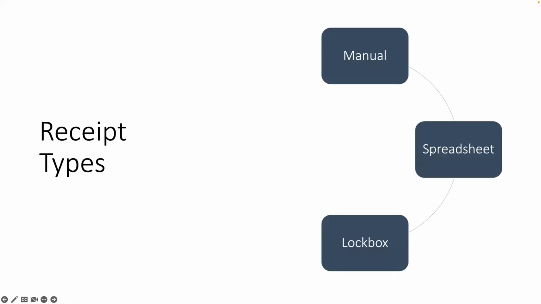Lockbox is direct deposit into your bank account from your customer, and then your bank will send you a file that shows you all the receipts that you have, and you can then load that into the system automatically as well.